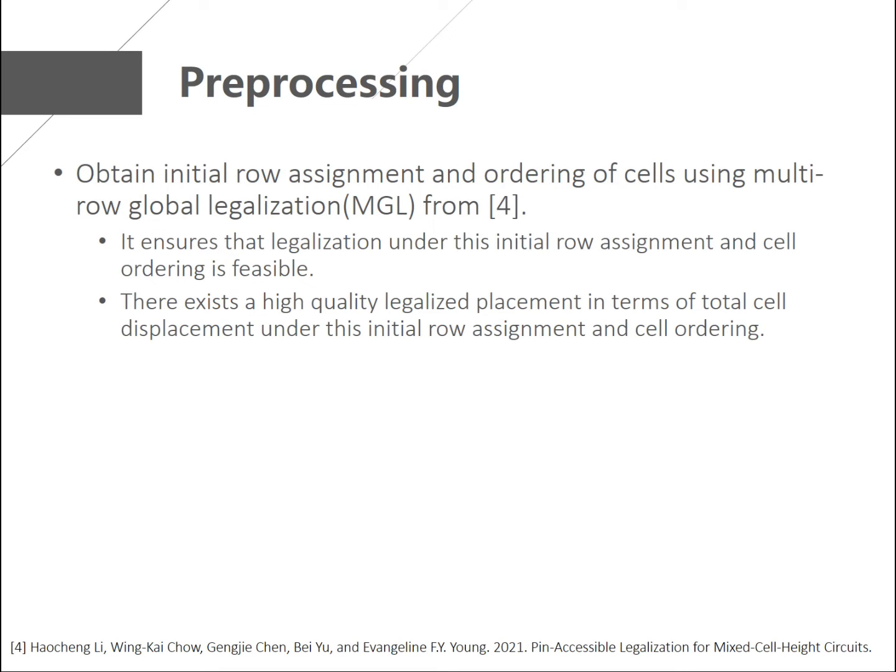Thus, we decided to obtain a good initial row assignment and ordering of cells using multi-row global legalization from reference paper 4, MGL for short. It ensures that placement legalization under this initial row assignment and cell ordering is feasible. Since MGL targeted at minimizing total displacement, there must exist a high-quality legalized placement in terms of total cell displacement under this initial row assignment and cell ordering.